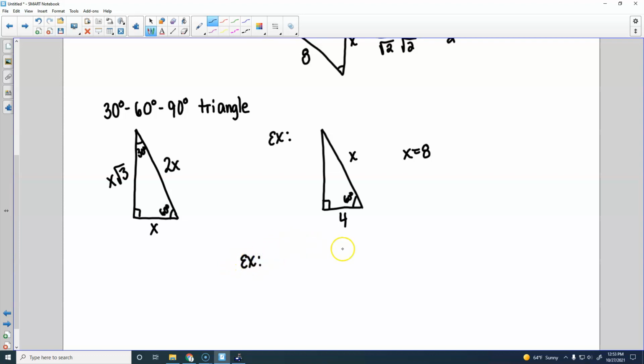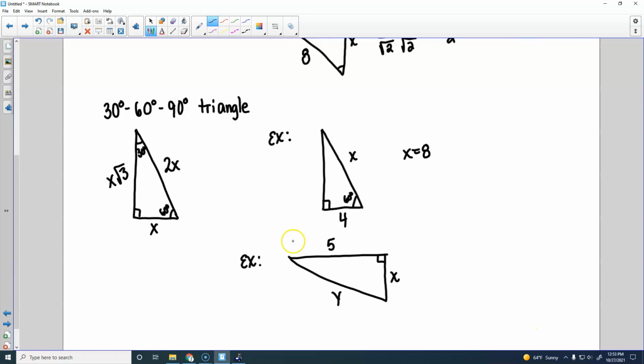So if I had one that looked like this, and let's say that we knew that this side right here was 5, let's find x and y here. It's more difficult when you don't have the short leg. If you don't have the short leg, the first thing you want to find is the short leg.